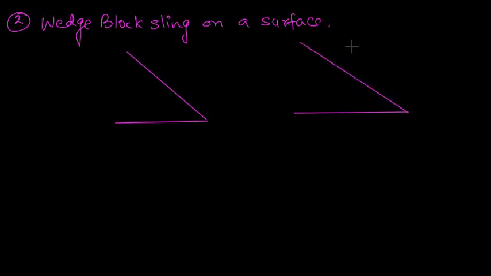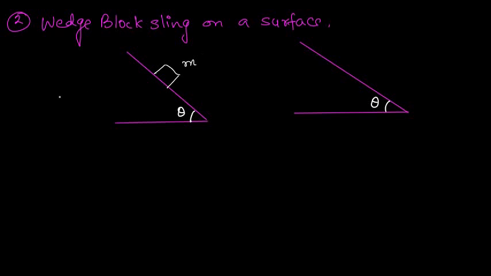Consider these two situations where, let's say, the angle of this wedge is theta. Both are identical wedges. There is a block of mass m.